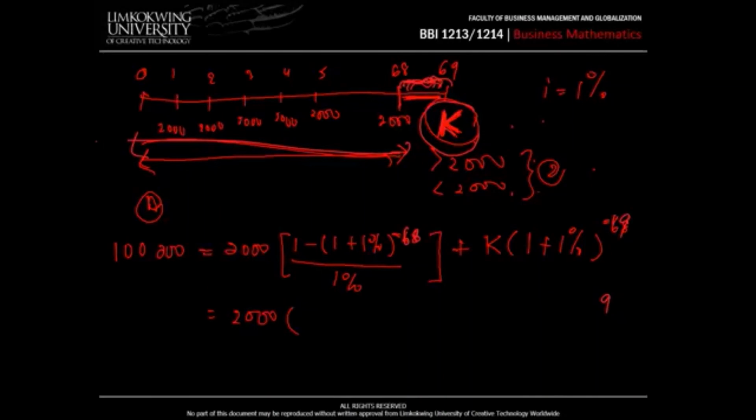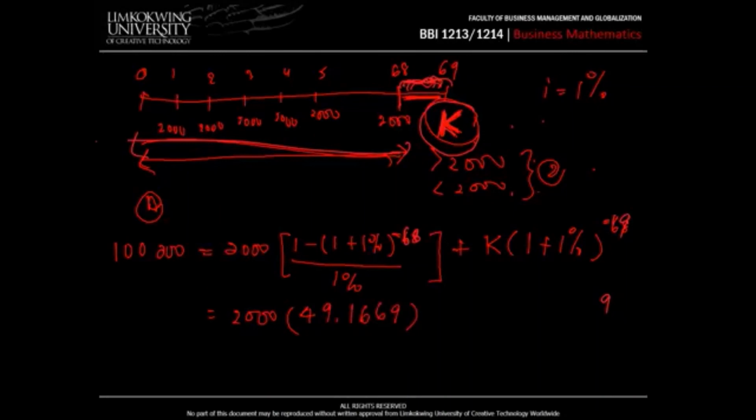Why I got different answer? Just now I did it directly too. So 1 divided by 100 plus 1 to the index of negative 68. Then 1 minus answer, divide by 1 divide by 100%. So you get 0 point something. Anyone? 9.166.